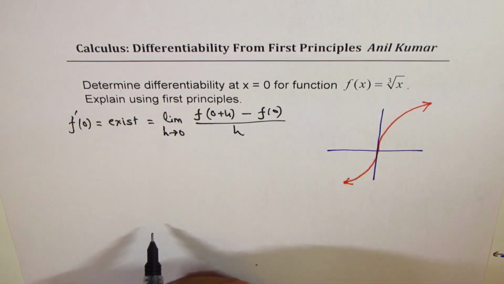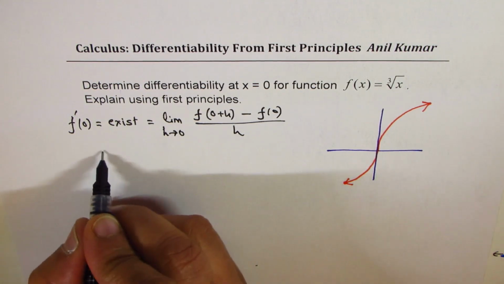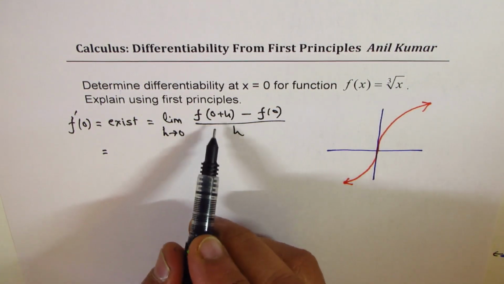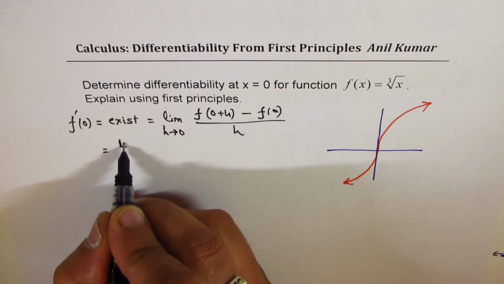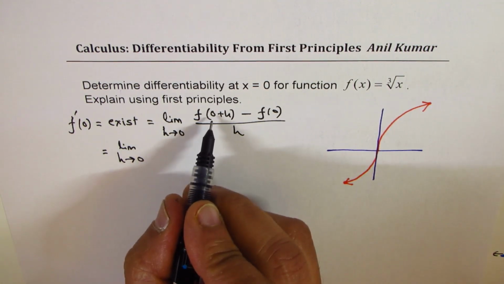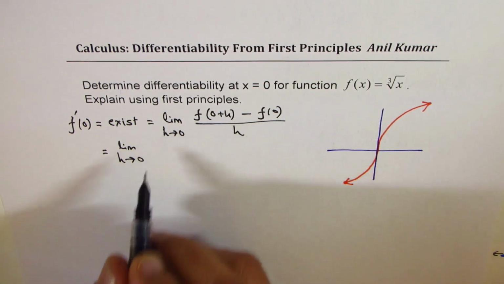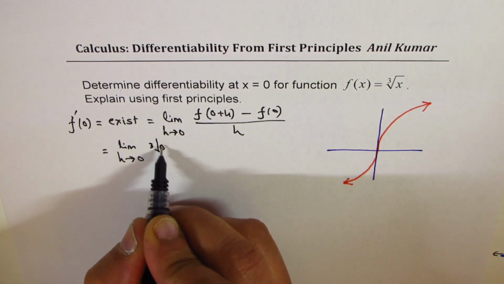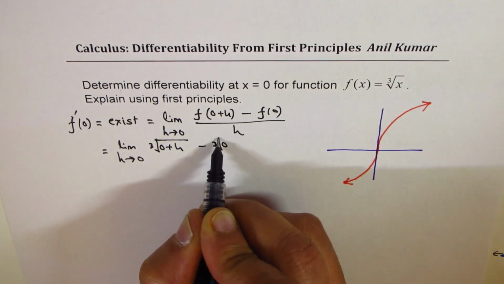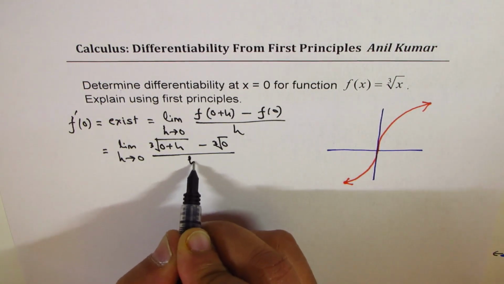So that is the difference quotient. Now in our case, it is cube root of x. So what we get here is the limit h approaches 0 of cube root of 0 plus h, minus cube root of 0, over h, okay?